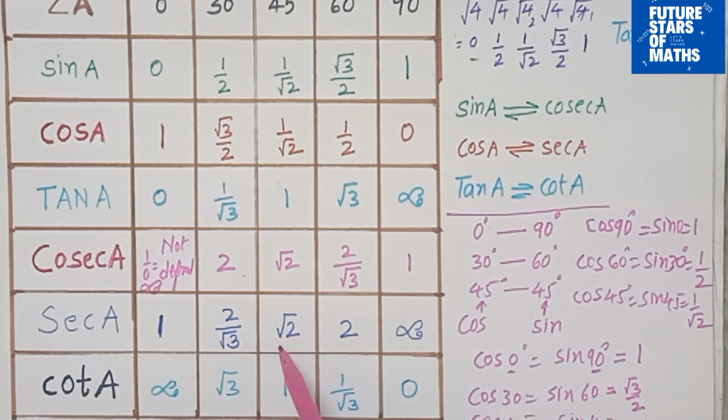Root 2 by 1. So it is root 2. Yes, correct. Similarly, if you want secant 60, when you find out cos 60, you got 1 by 2. So reverse it, 2 by 1. So what is secant 60? It is 2.